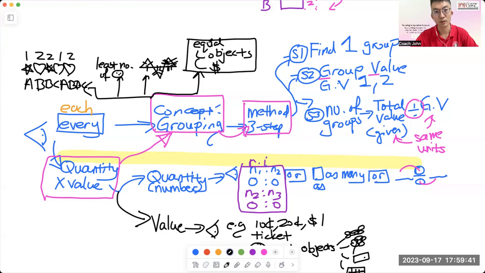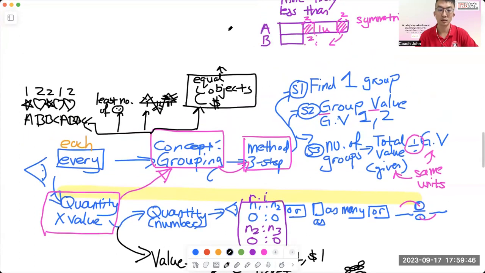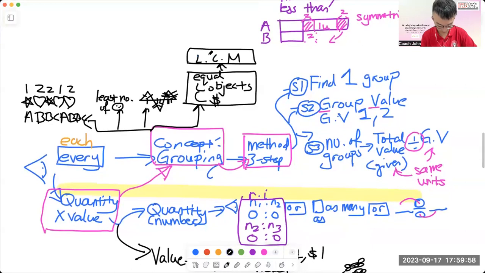That's when you need to activate your LCM. Okay, activate your LCM, lowest common multiple. It came out as a PSLE question before, so take note of that.